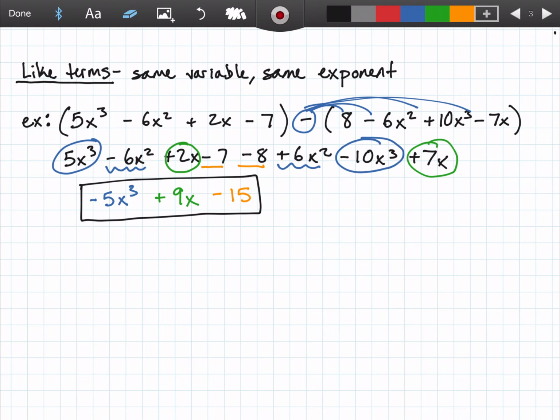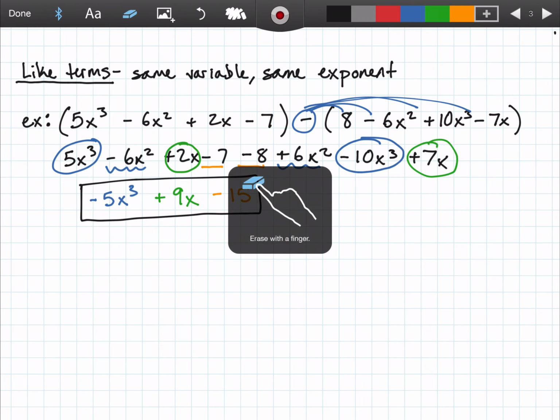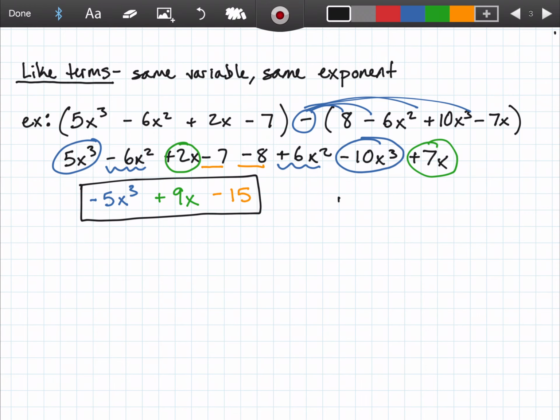Remember, we can classify based on terms and also our leading, our highest exponent here. So as far as, actually, degree, that's the word I was looking for, degree.